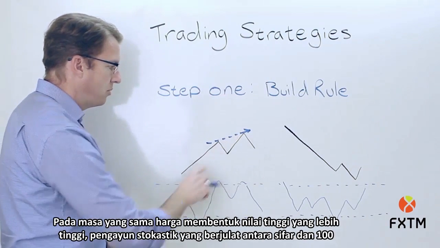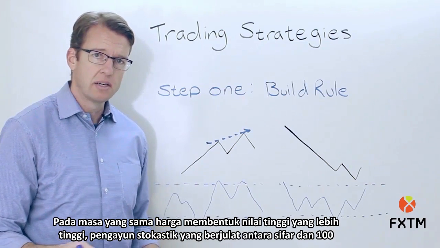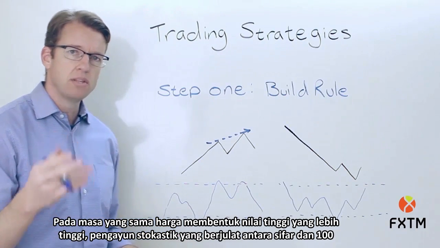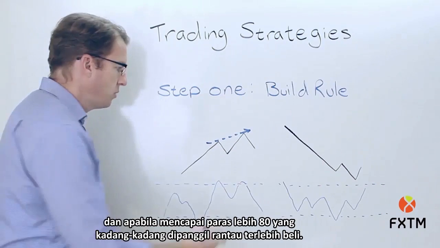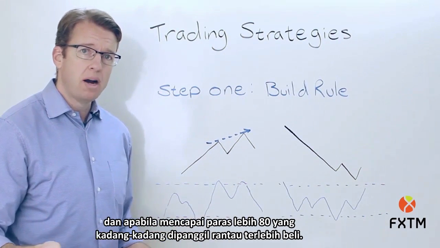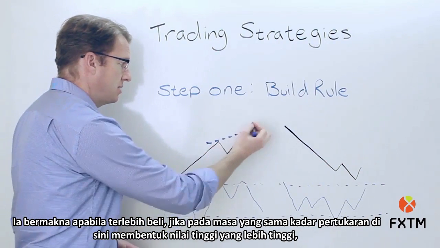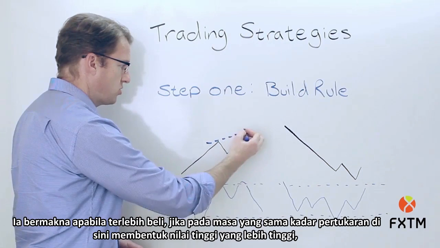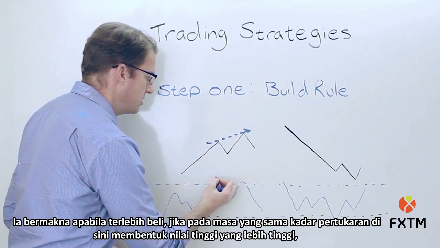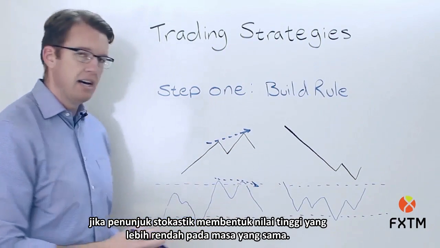At the same time that the price has been forming higher highs, the stochastics oscillator, a line that ranges between 0 and 100, and when it gets above about 80, that's sometimes called an overbought region. It's meaningful when it's overbought if, at the same time that the exchange rate is forming higher highs, the stochastics indicator is forming lower highs.